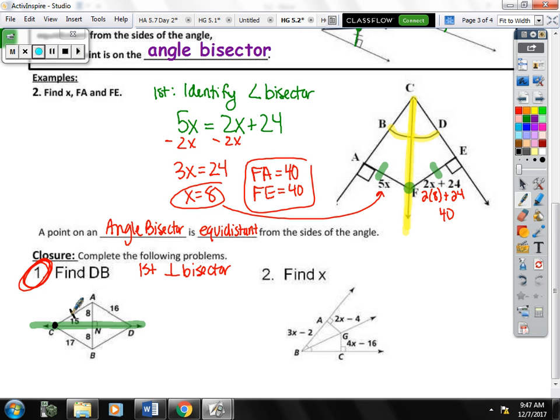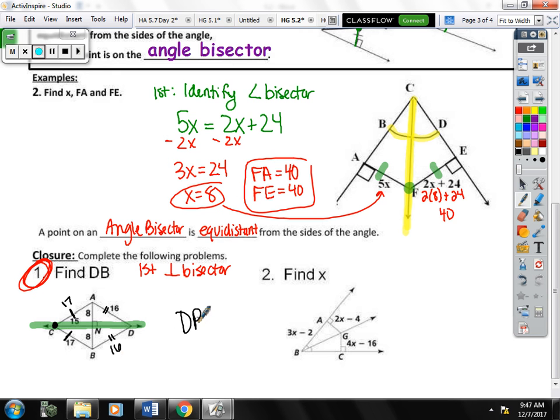So we should have a marking here and here. And we should have a marking here and here. 2 markings there and there. So we should be getting that if this is 17, this side is 17. You can see this was 15. And if this is 16, this is 16. That's what we should be answering.